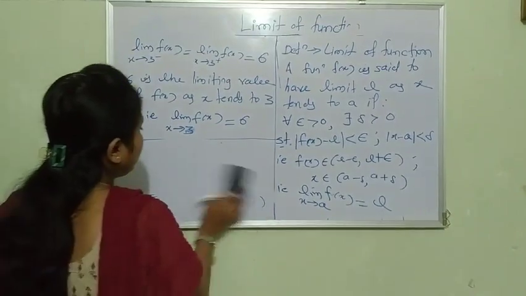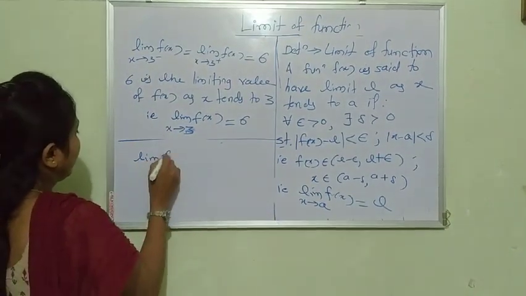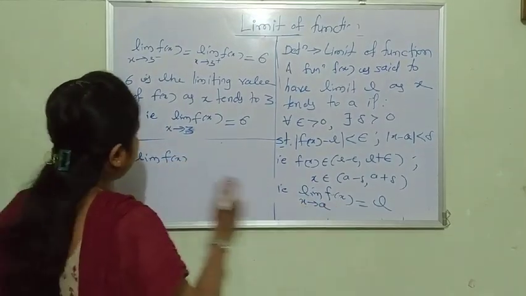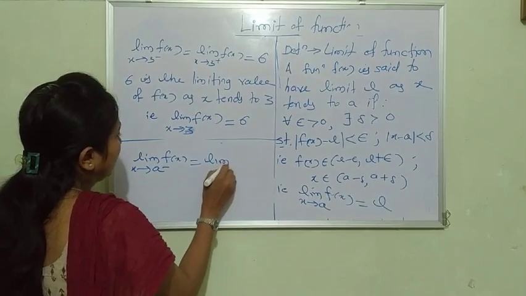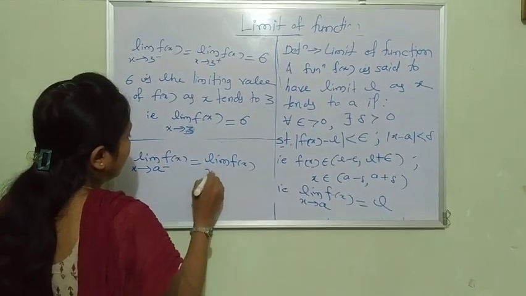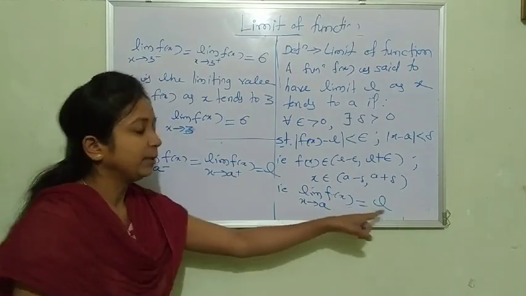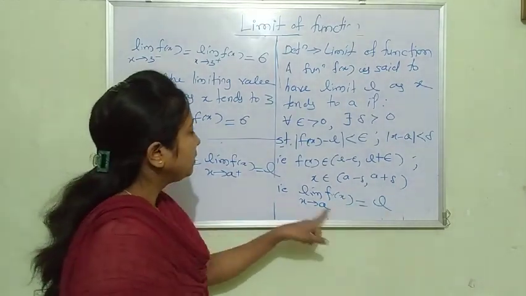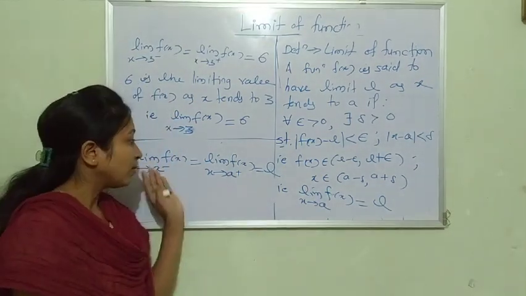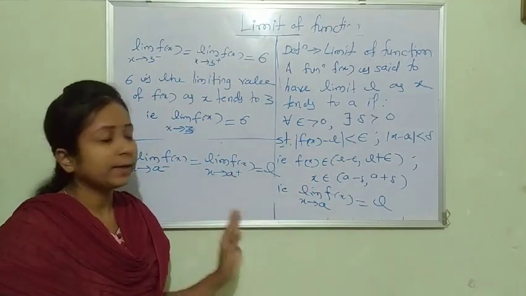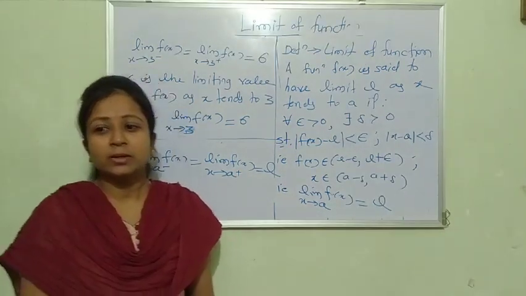That is, the limit of f of x as x tends to a minus, which equals the limit of f of x as x tends to a plus, which equals L. That is, L is the limiting value of f of x when x approaches a from the left side as well as from the right side. I think you all understood the definition.